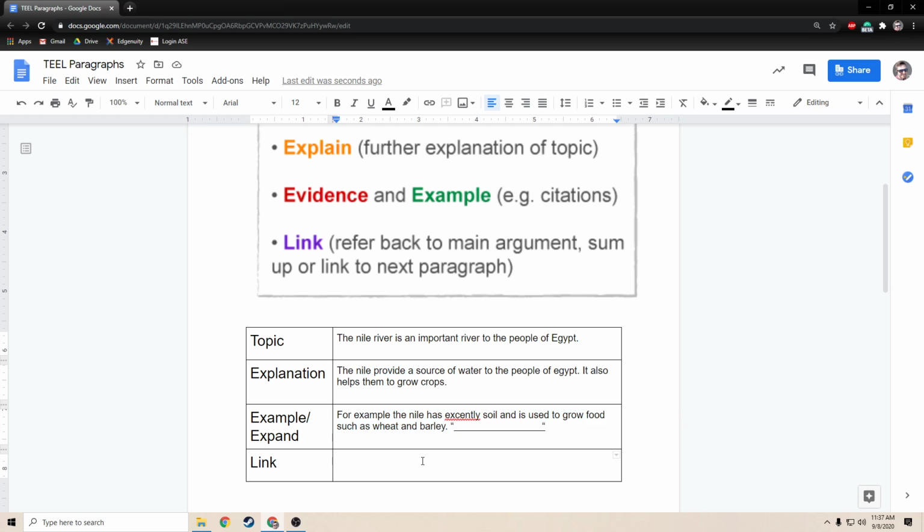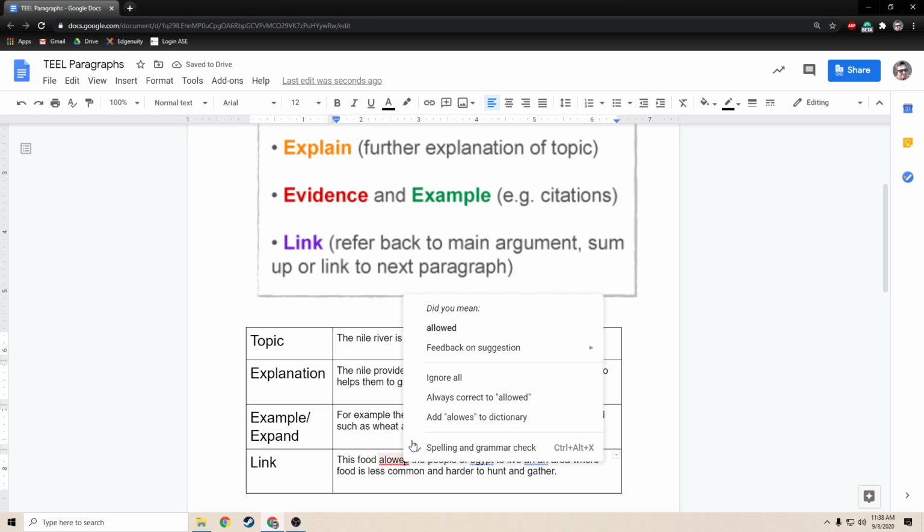So I'm going to connect it back and say, this food allows the people of Egypt to live in an area where food is less common and harder to hunt and gather.